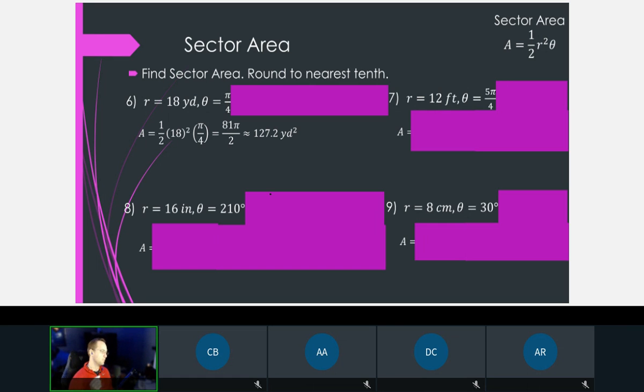So you don't want to use 3.14 unless the problem says to. So George, did you type that stuff in as you see it on the screen there?